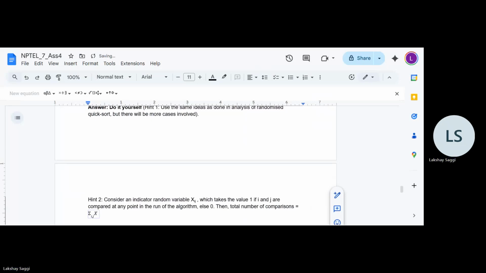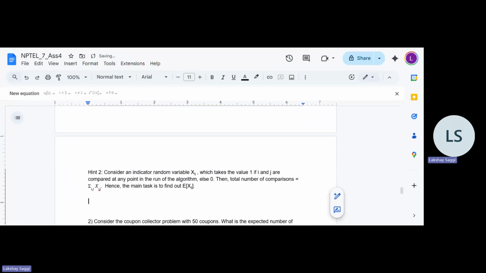So the sum over all possible Xij will be the total number of comparisons. Hence the main task is to find the expectation of Xij. But note that here the expectation of Xij will not be as trivial as it was in quicksort. In quicksort also it was not trivial, but here it will be a bit more difficult.